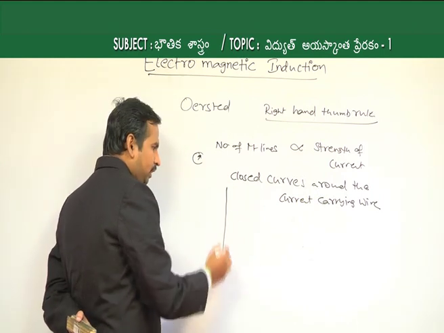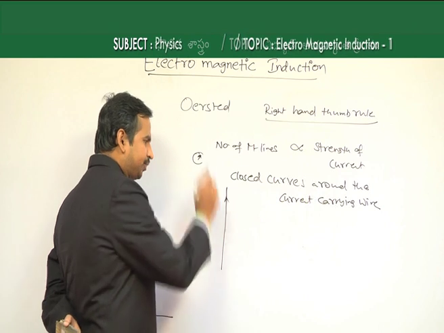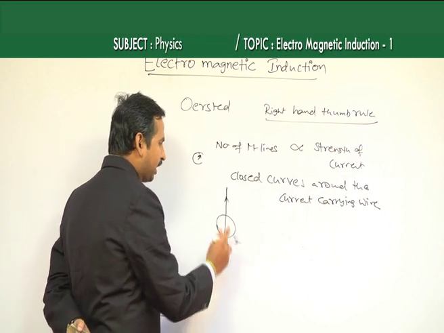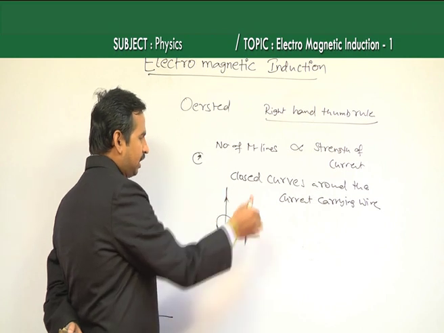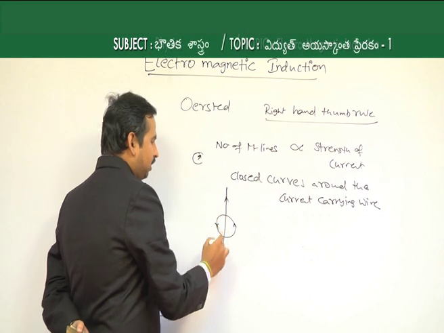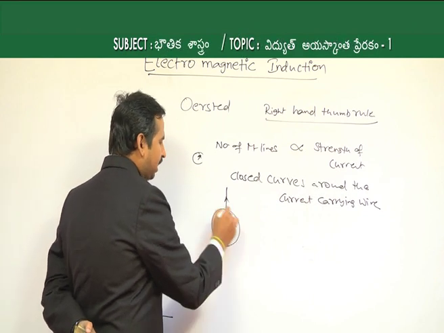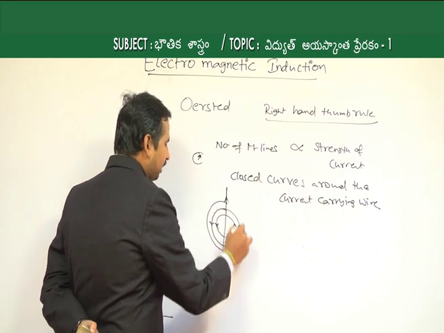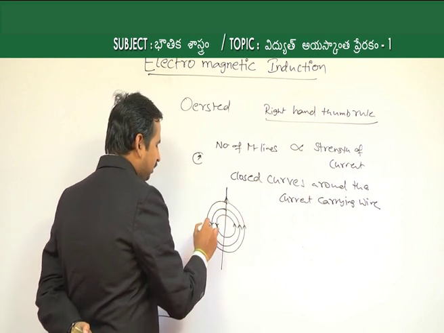For example, if the current is out of the plane, the magnetic lines of forces are around it like this. Then we curl the fingers in this direction. They come like concentric circles.